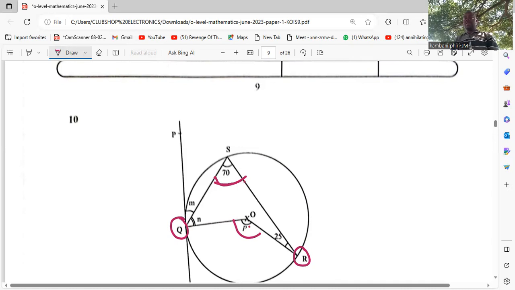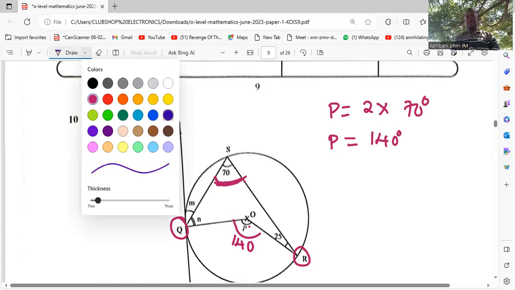So if the angle on the circumference is 20, then the angle at the center will be 40. So we find P by saying 2 times 20 degrees, which is equal to 40 degrees.